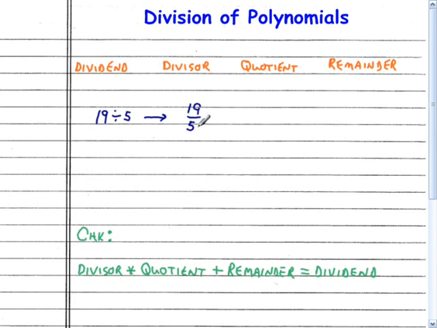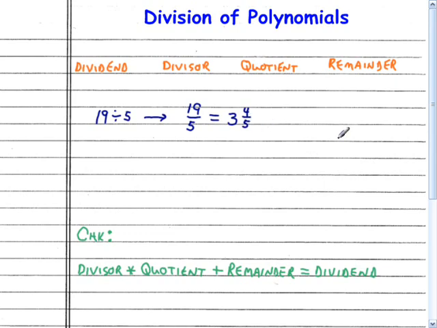Here again we see that 5 will go into 19 3 times whole, but there will be a remainder of 4.